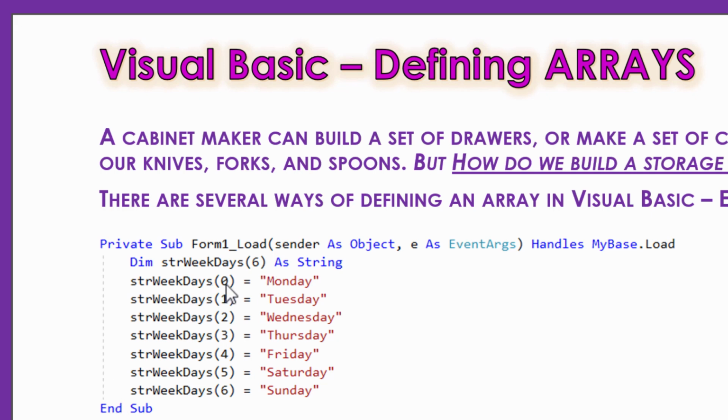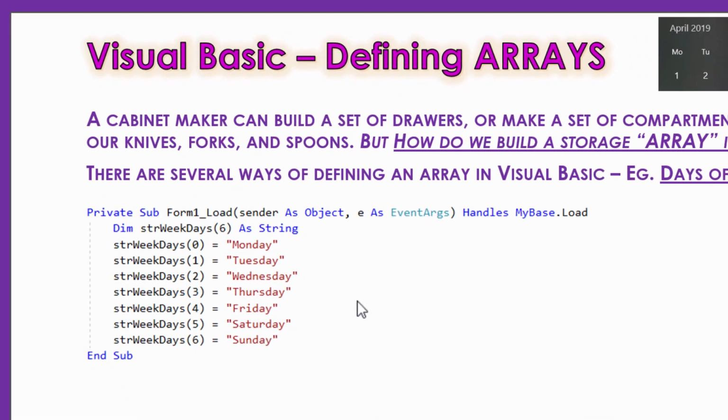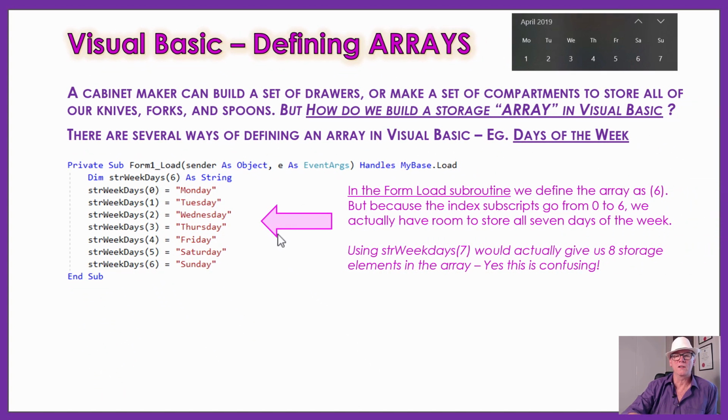So weekday 0 will be Monday, then we go through, and when we get to Sunday, it's not actually 7, it's string weekday 6. Because we started at 0, it's 1 more than that, and it's number 7. Once you get used to this, it's fine, but when you first start, it is such a painful nuisance. So the indexes go from 0 to 6.